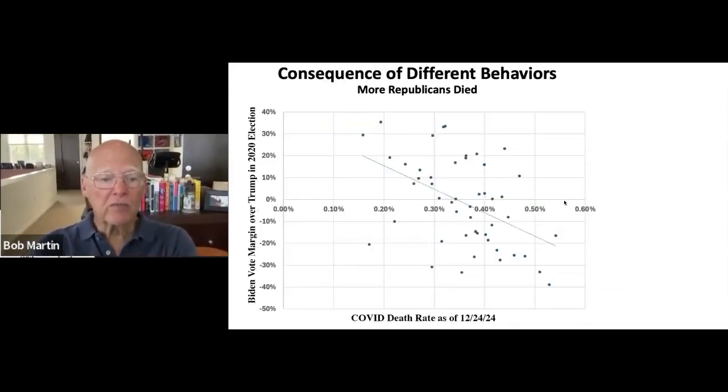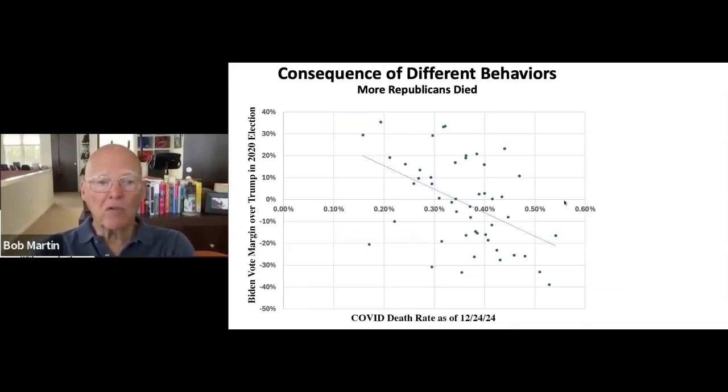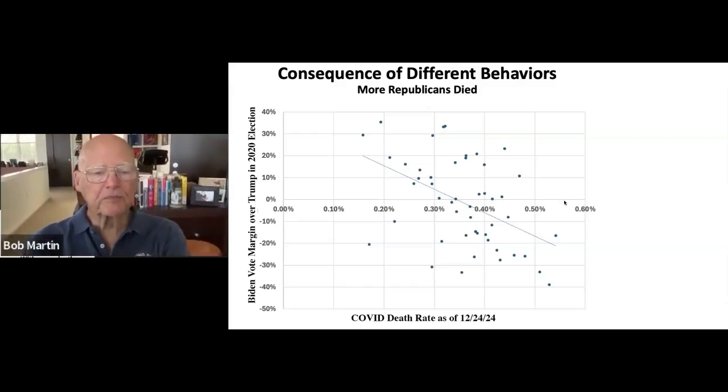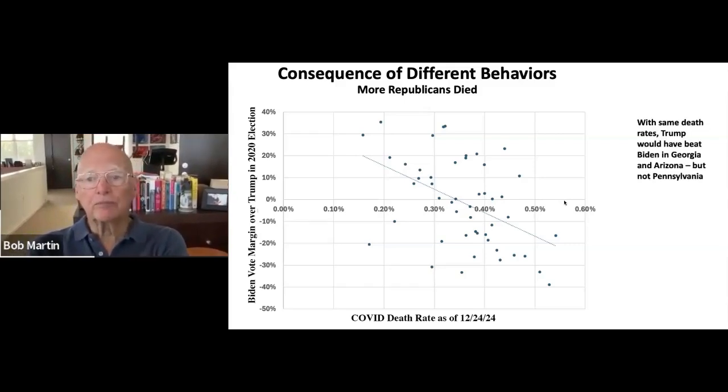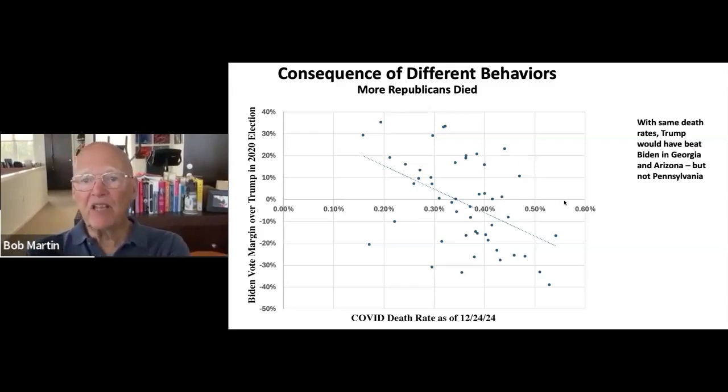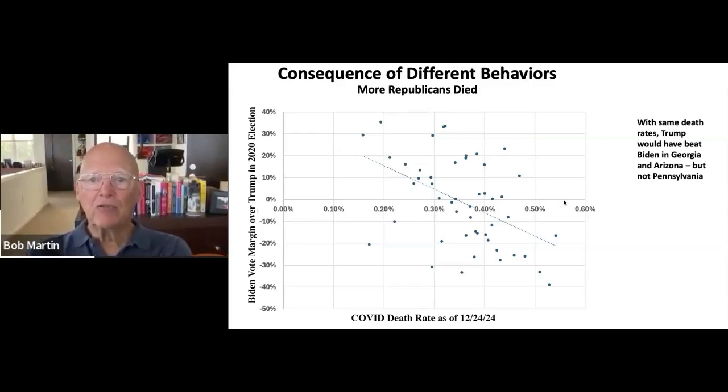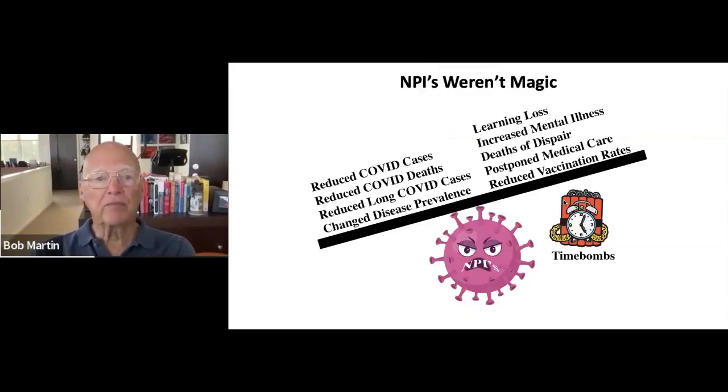The consequence is more Republicans die. If you look at the death rate by the difference of the Biden-Trump 2020 vote, these are the differences in the death rates. With the same death rates, Trump would have beat Biden in Georgia and Arizona, but not Pennsylvania.